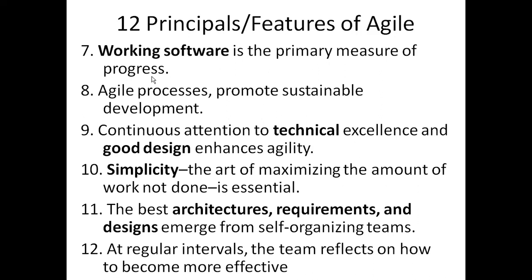The 10th one is simplicity, the art of maximizing the amount of work not done. That is, the work should not require maximum time for completion. It should be somewhat simple, and it is essential.